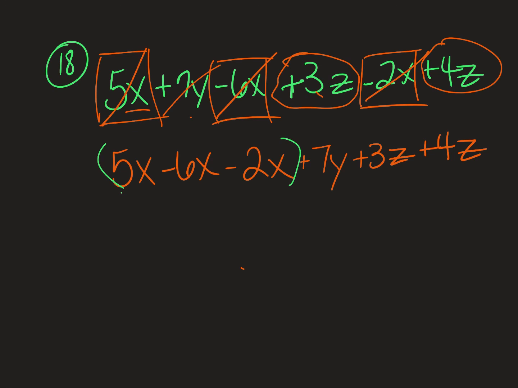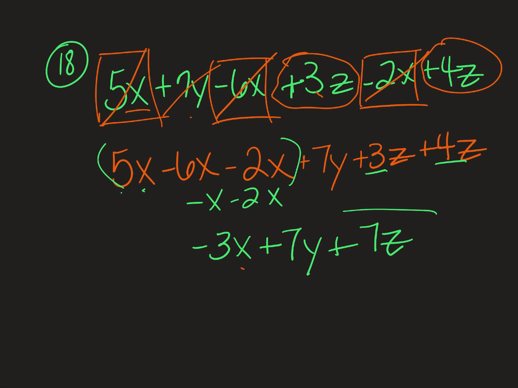So 5x minus 6x is negative x, minus 2x makes a negative 3x, plus 7y plus 7z, because you add 3 plus 4 to get your answer.